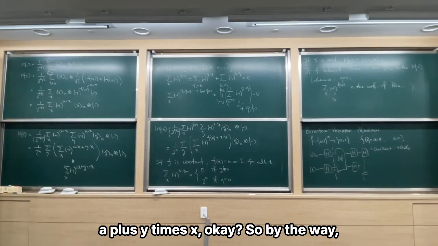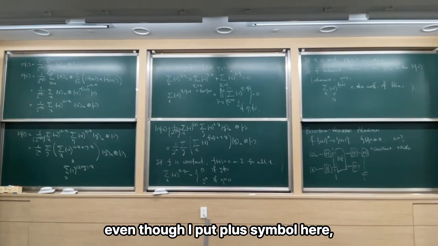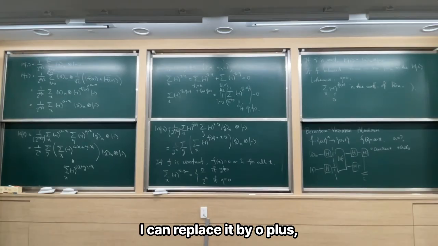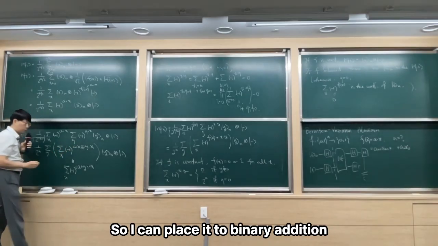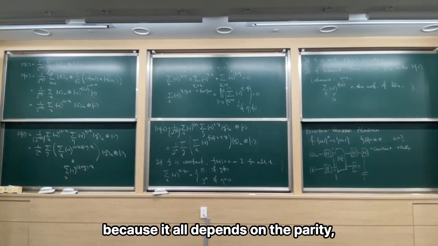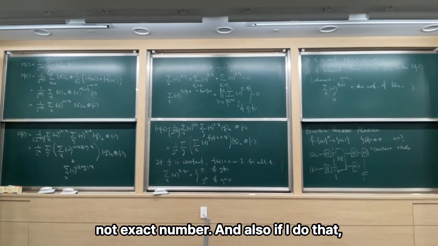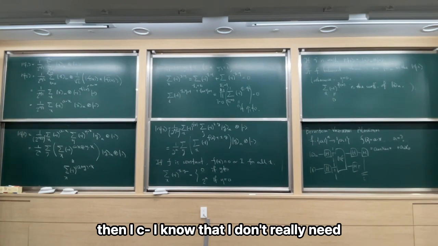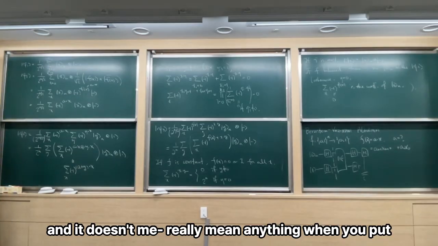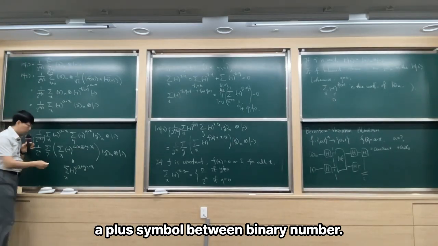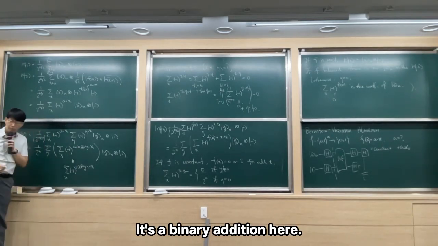By the way, even though I put the plus symbol here, I can replace it by the circled plus, which means binary addition, because it all depends on the parity, not the exact number. And if I do that, then I don't really need a plus symbol between binary numbers; it's a binary addition here.